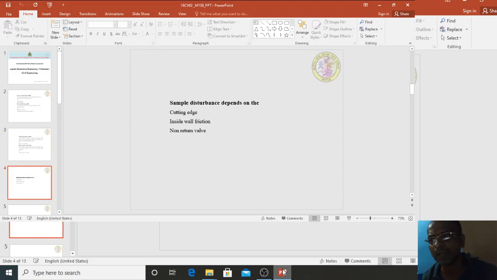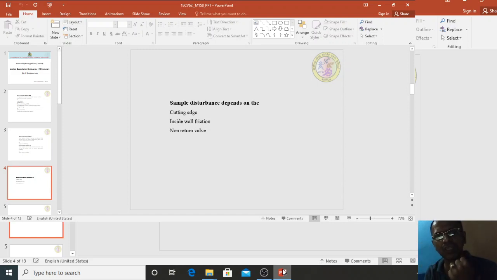So sample disturbance depends on three things. From last class and this class we are continuously discussing samplers, thick wall samplers, thin wall samplers. So how do undisturbed and disturbed samples vary? It depends on three criteria. Number one, cutting edge. Number two, inside wall friction.